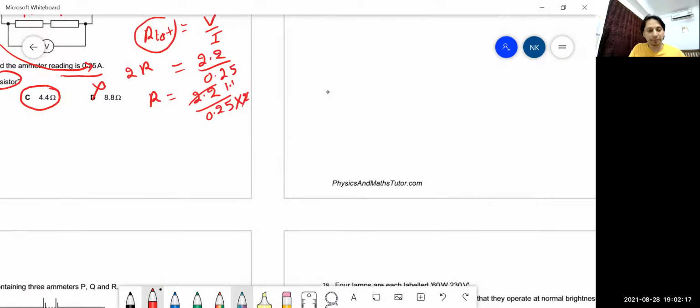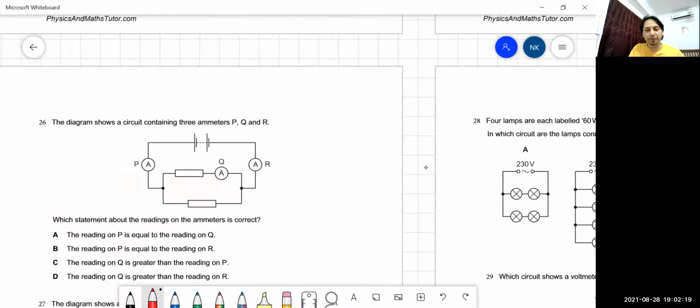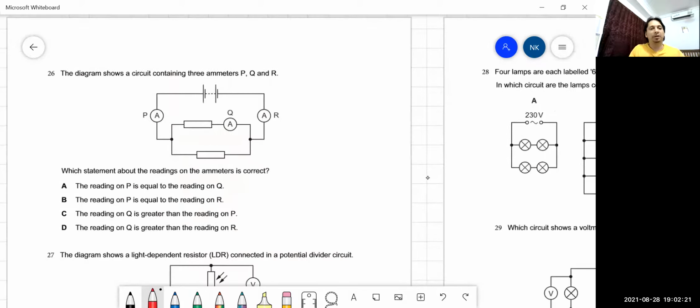Then question number 26. In question number 26 children, the diagram shows a circuit containing 3 ammeters P, Q, R. Which statement about the reading on the ammeter is correct?